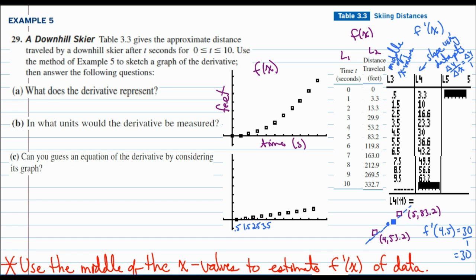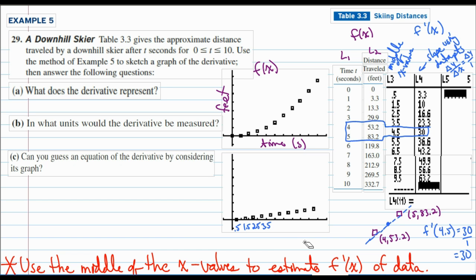So for example, if I zoom in, I have these two data points, 4, 53.2 and 5, 83.2. Well, I find the slope connecting those two data points, and that's change in y over change in x, so 30 over 1. But I'm not going to make that the derivative at 4 or the derivative at 5, but the derivative right in the middle at 4.5. So that's where you get the point 4.5, 30.